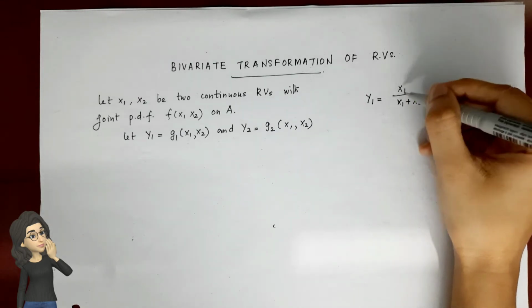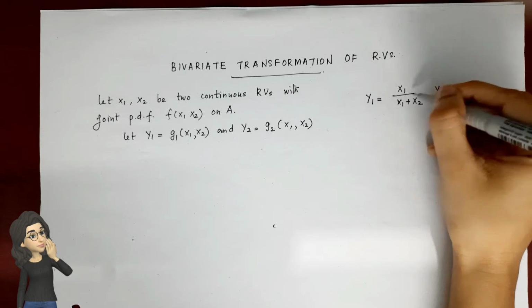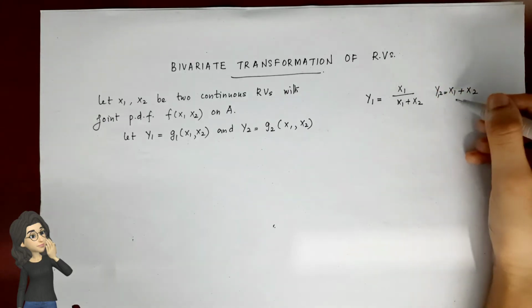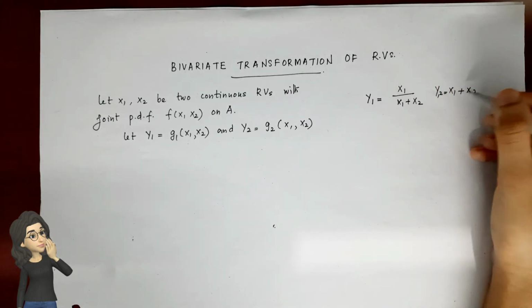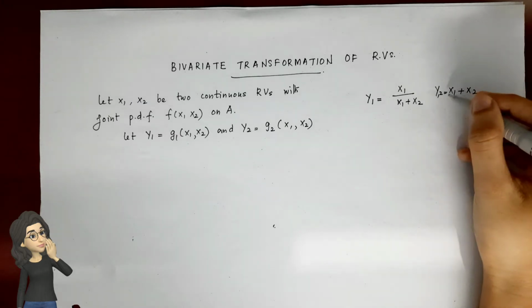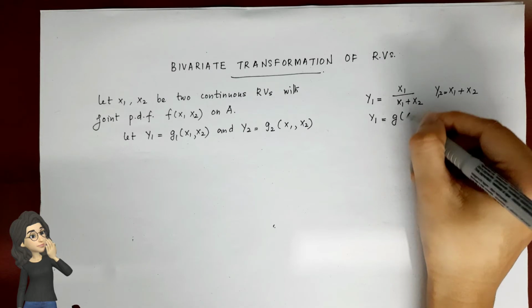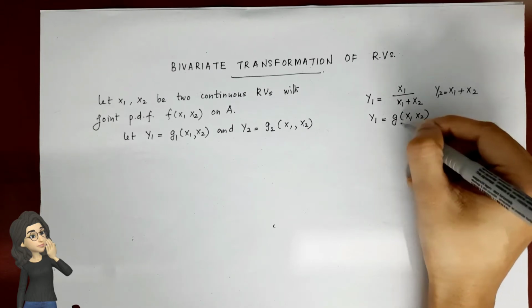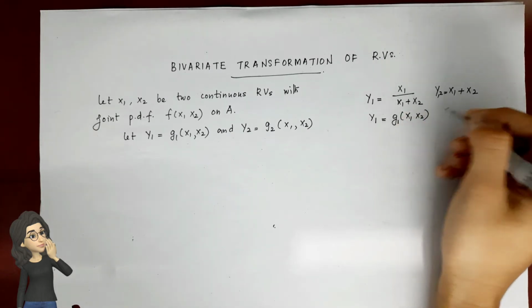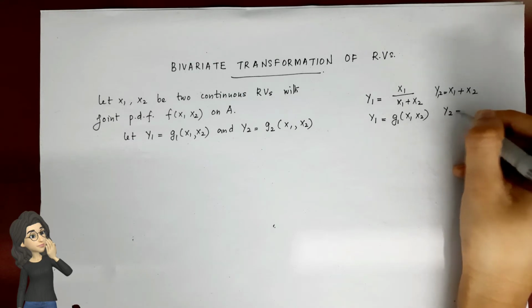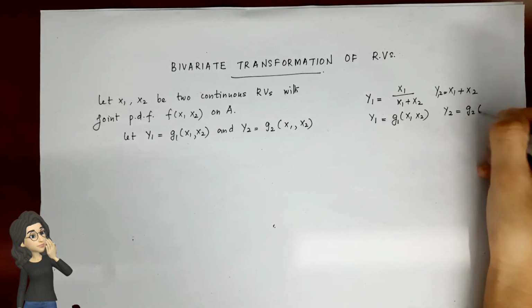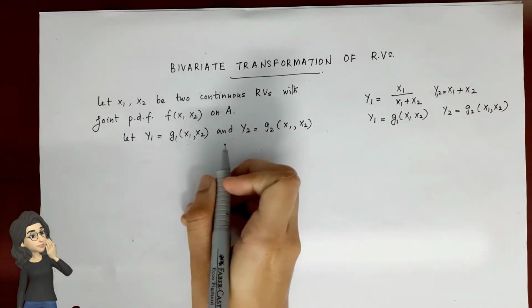So y1 is equal to x1 divided by x1 plus x2 and y2 is equal to x1 plus x2. So I can write y1 as a function of x1 and x2, g1 of x1, x2, and y2 as another function g2 of x1, x2. So that is what I have written here.